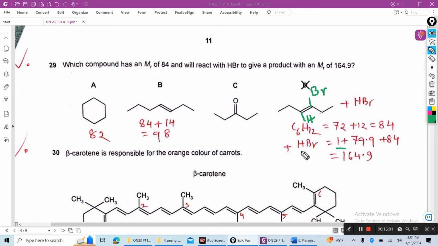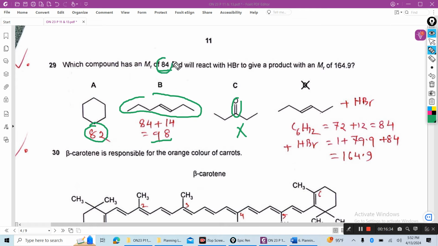So hydrogen 1 plus bromine 79.9 plus C6H12 84, total mass will be 164.9. So the answer will be D. C has no carbon-carbon double bond, so HBr will not react. This is wrong. This cyclohexene has mass 82, if you count it, so this is wrong. If you count the mass of B, this is 98, not 84. So D is the correct answer.